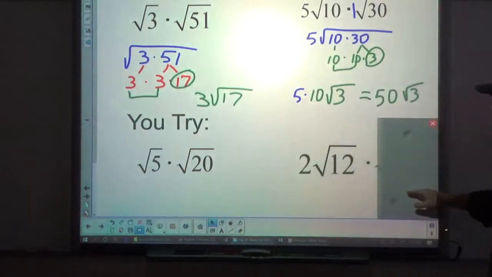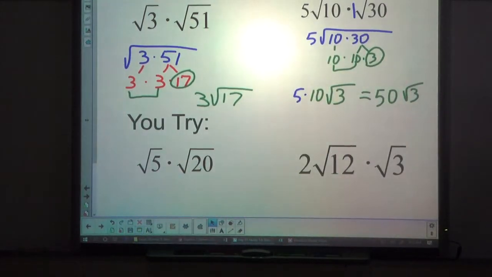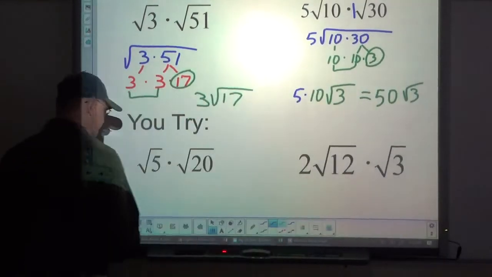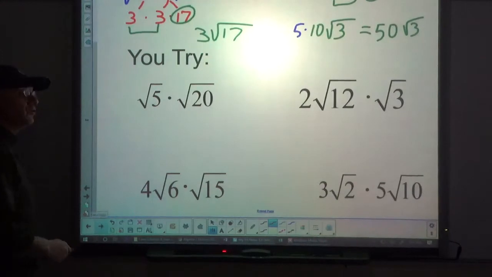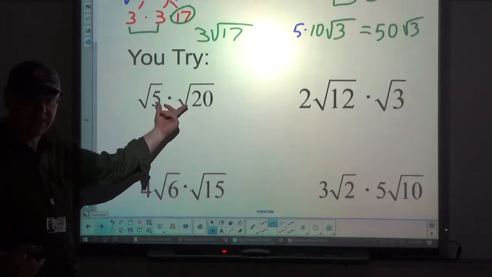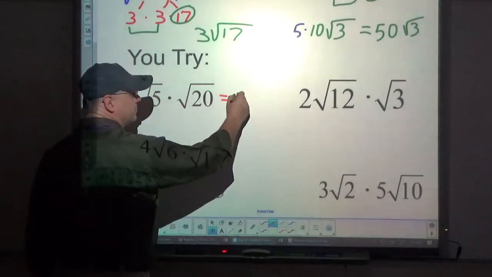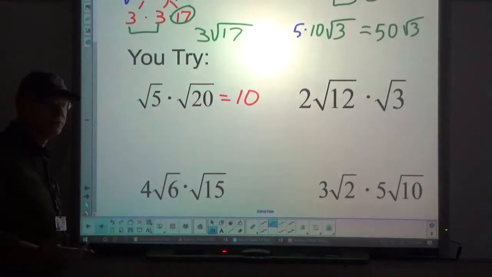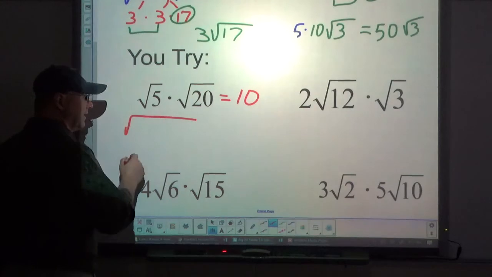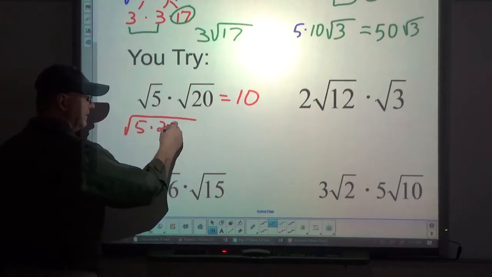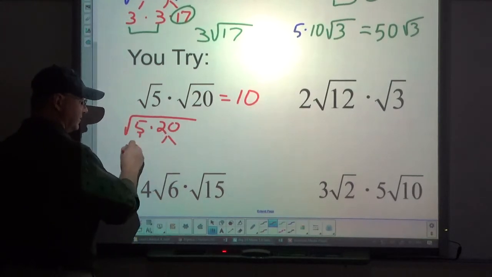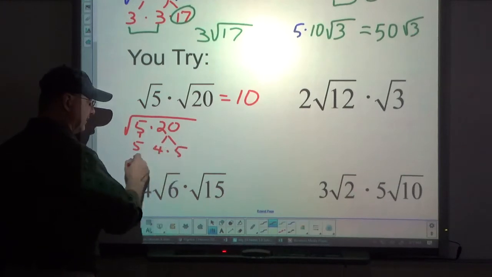Okay, you give these 2 a try. Okay, here we go. Now, you could choose to multiply them together, and in this case that comes out to 100, so we know the answer should be 10, because the square root of 100 is 10. But let's do it out. 5 times 20, we know this is 4 times 5.